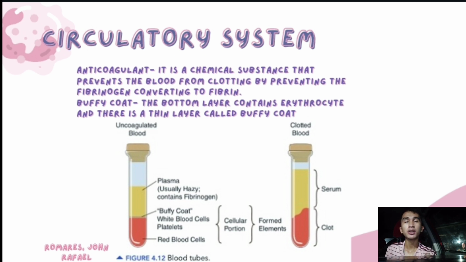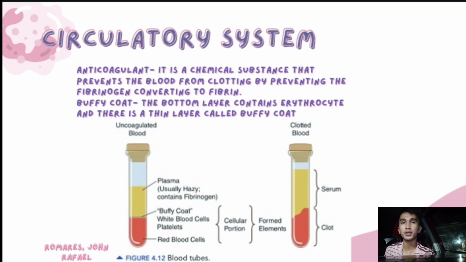In clotted blood, the buffy coat is not straight, while in the uncoagulated blood, the buffy coat, or white blood cells and platelets, is straight, and the plasma, usually hazy, contains fibrinogen.